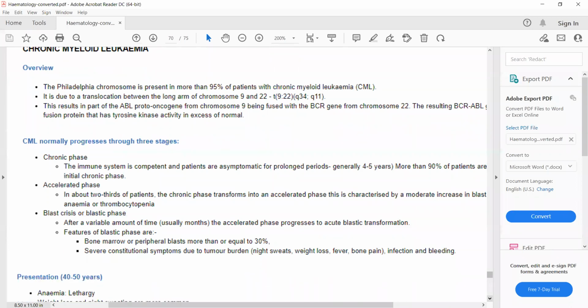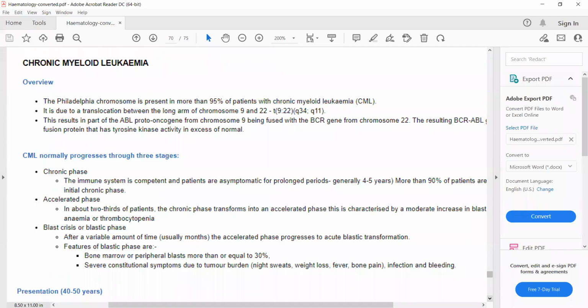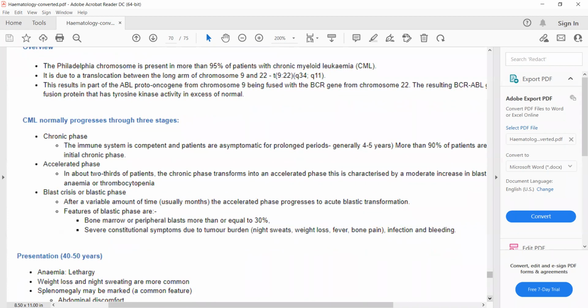In about 5% of the patients, this chronic phase can change into blast crisis or blastic phase, in which there will be blast cell formation in CML as well. But for PLAB 1, you need to remember the chronic phase and its presentation.